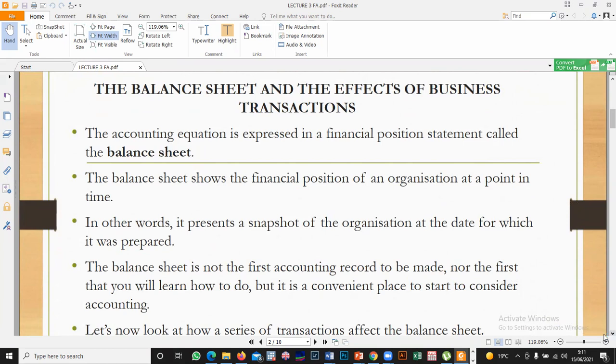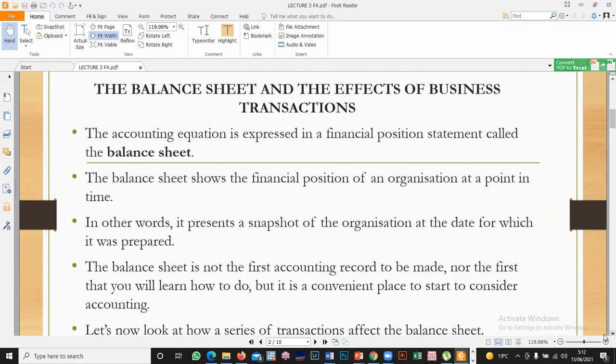Everything that you represent in the accounting equation, like I said in the last lecture, is a very important equation that we'll be talking about from now until we conclude this program. The equation whose results are represented in the balance sheet is a very unique and very important factor in our study.